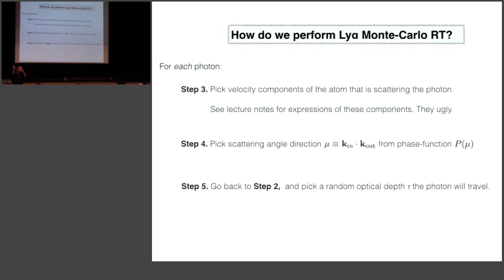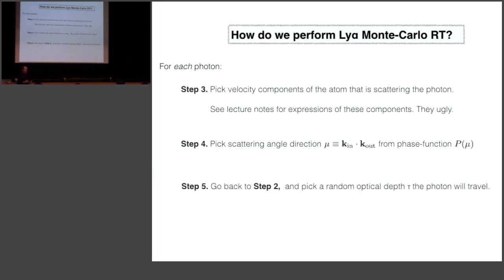Because the cross-section is so strongly frequency dependent, the scattering probability can depend strongly on the velocity of the atom along the propagation direction of the photon. This requires a bit of work. But again, with the rejection method, once you supply the probability distribution function of the atom's velocity, you're done, because the rejection method will take care of it.